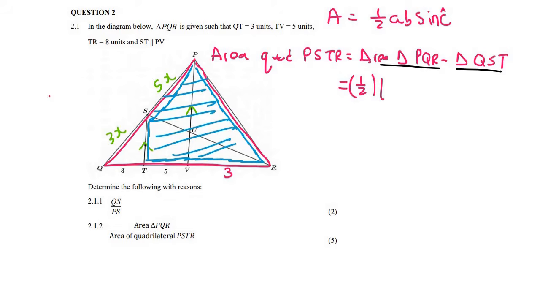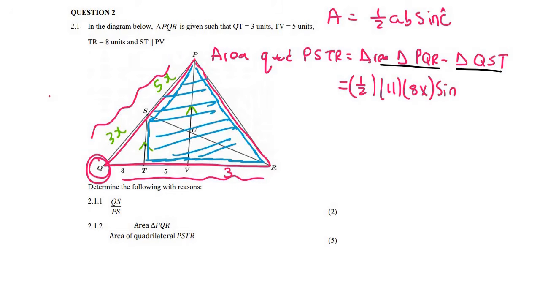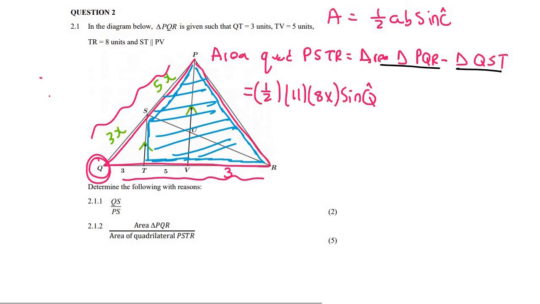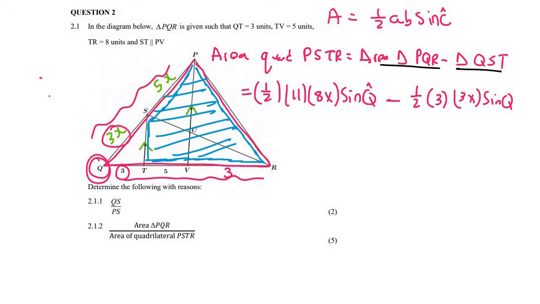Now for PQR, and we're using this angle, you're going to take this length, which is 11, and then this length, which is 8x, and then sin of angle Q, and then minus the area of this little triangle QST, which would be a half times 3 times 3x, and also times the sin of Q.